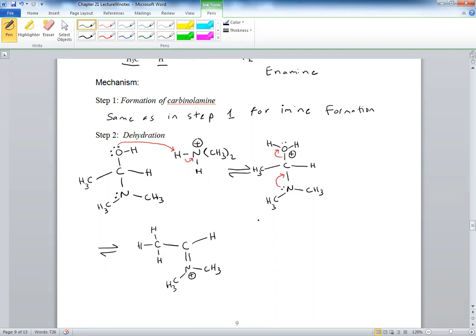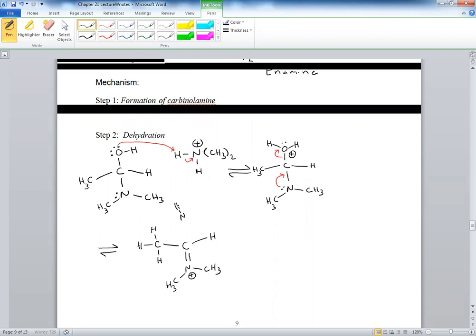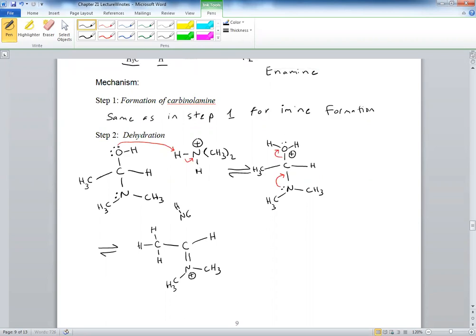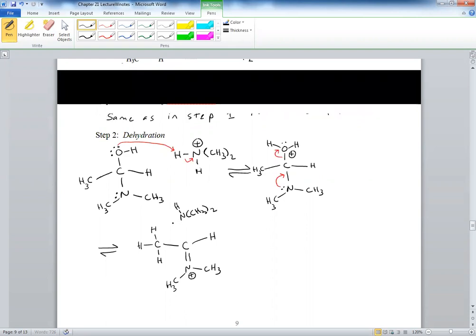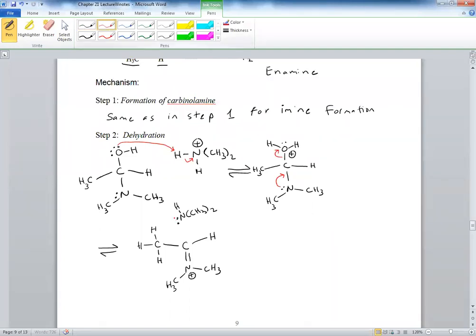Very well. Now the next step, and the last step, is that we have a secondary amine. Deprotonate one of the hydrogens.